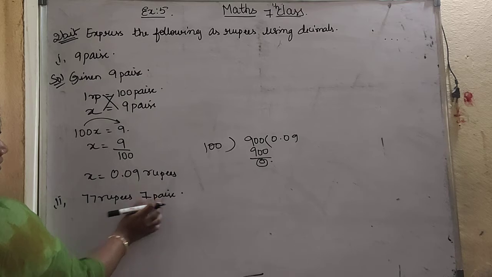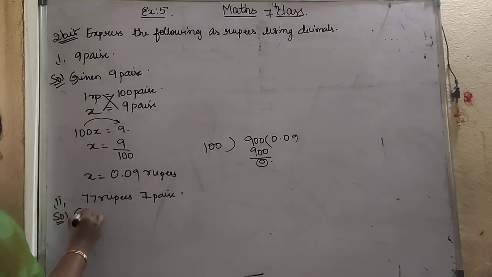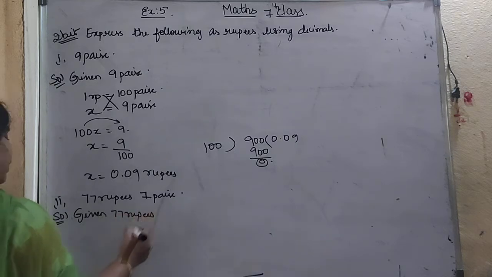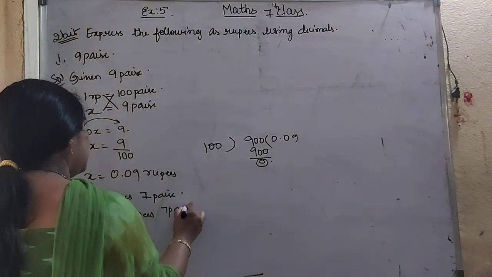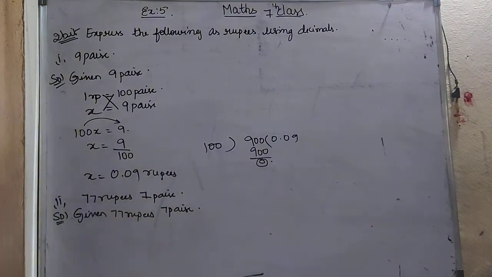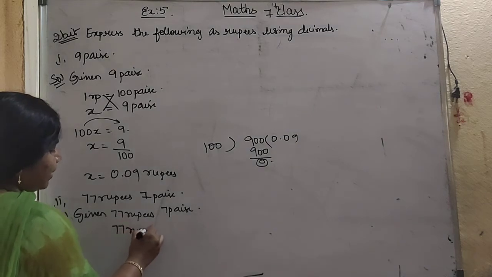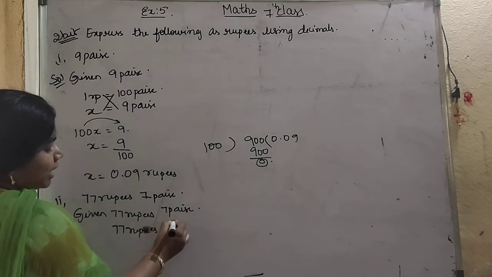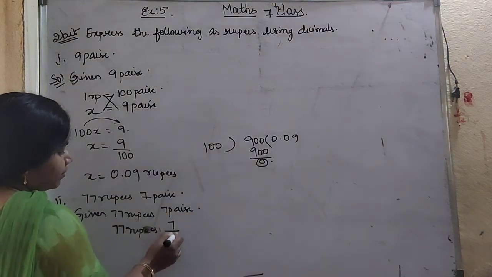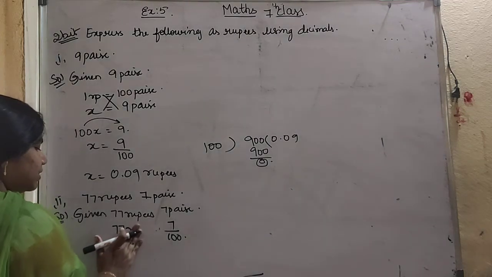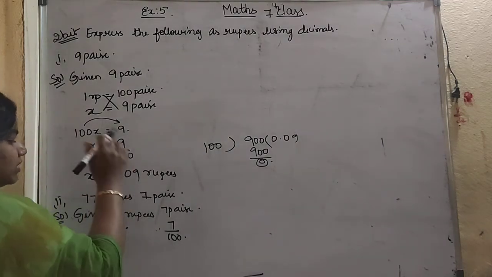Only we have to convert these 7 paise. We already know that 7 paise is equal to 7 by 100 rupees. So 77 rupees I am writing as it is, and 7 paise can be written in the form of 7 by 100. 7 by 100 is nothing but 0.07.